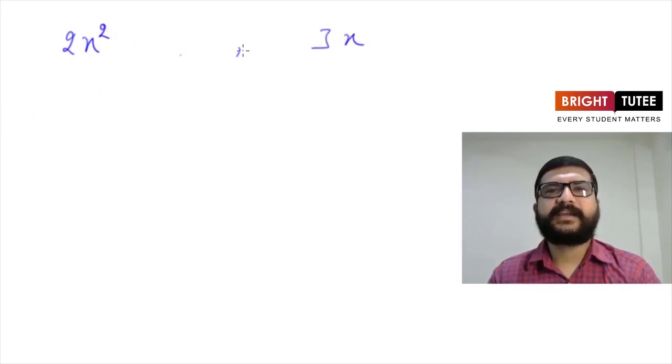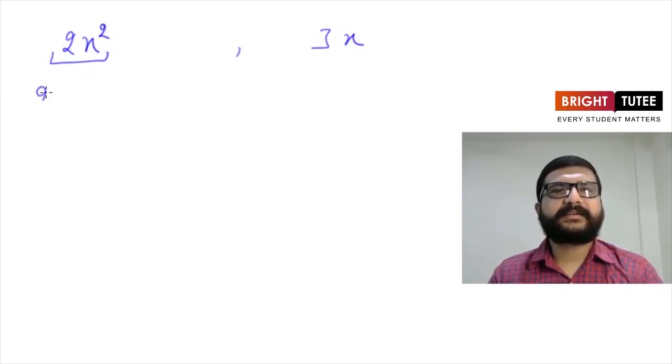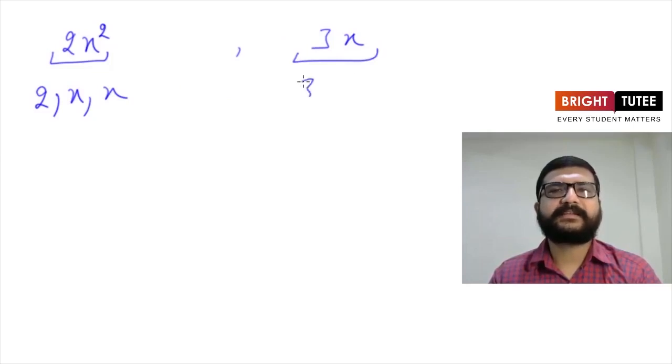Now let's take one more example. Let's say we are having 2x square and then we are having 3x. Now what do you think about these two terms? Here the term is 2x square, so factors will be 2, x and x. So these are the factors of the first term, and for the second term factors are 3 and x. These are the two factors.